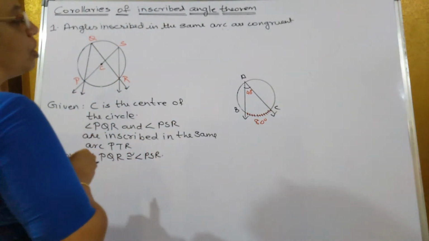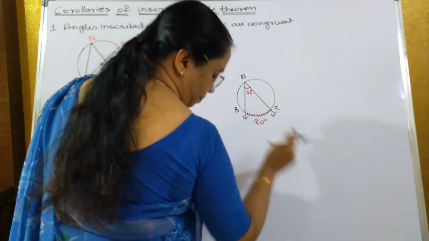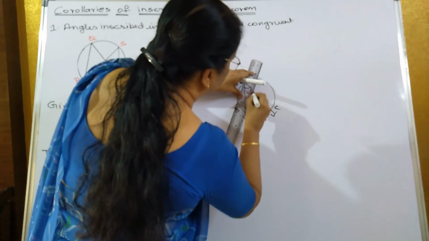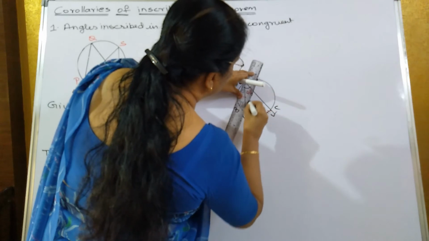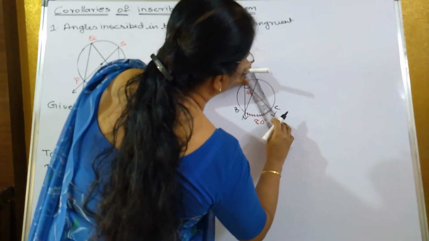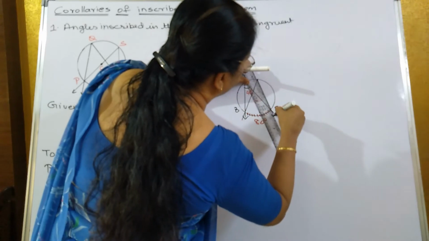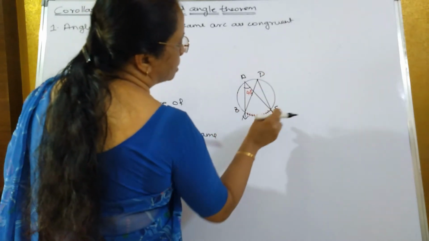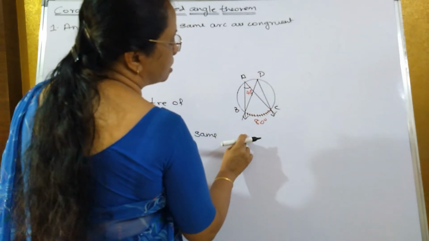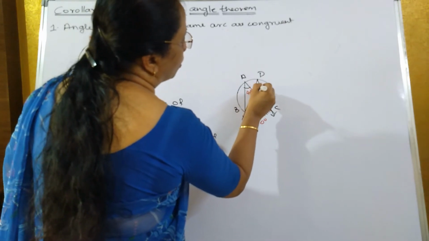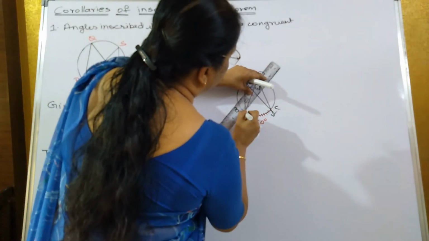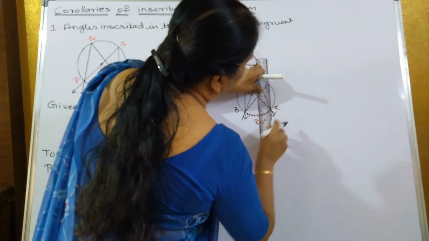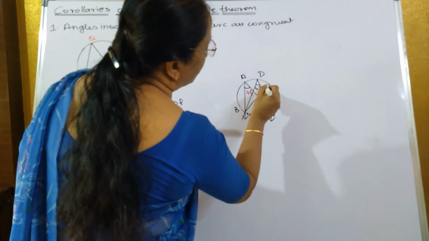Now if I draw another angle which is intercepted in that same arc, if I name this as D, so which is angle BDC, that is also intercepted in the same arc BC. So this angle will be equal to 40 degrees. If I take another angle which is inscribed and the intercepted arc is the same as the previous two angles, then that also will be equal to 40 degrees.